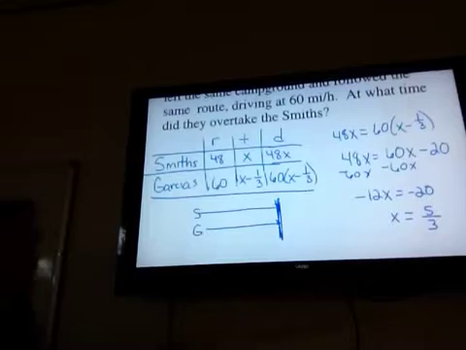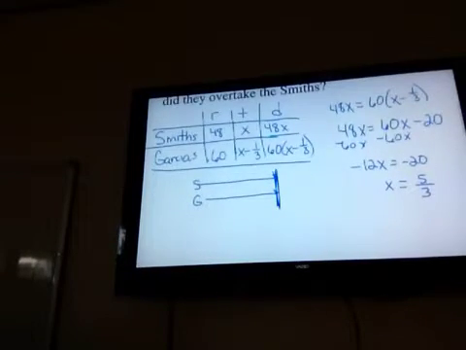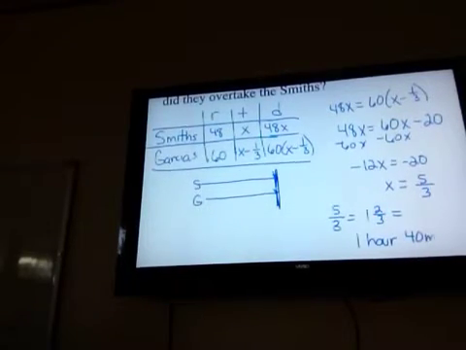So 5/3 equals 1 2/3. 1 2/3 hours is the same thing as 1 hour and how many minutes? 40 minutes.